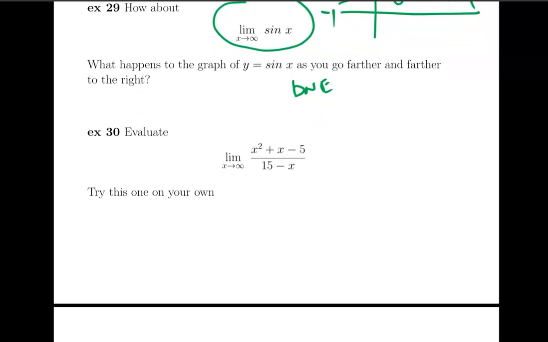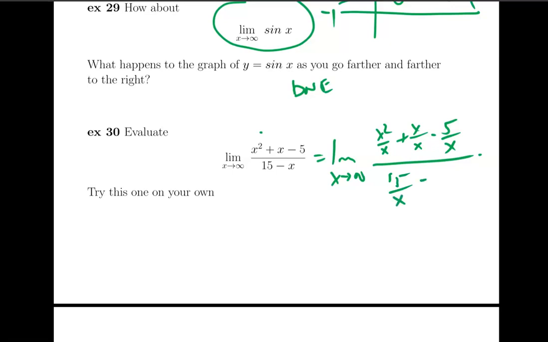Here again, you can try this on your own. You can probably see what's going to happen, right? The degree of the top is greater than the bottom. If you wanted to divide everything by, again, the highest power in the bottom, so you divide everything by x. If you wanted to do every single step, it'd be x squared over x plus x over x minus 15 over x, over the bottom x over x minus x over x. And then cleaning all of that up and simplifying, x is going to infinity.